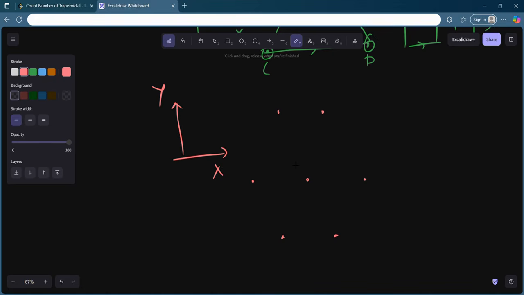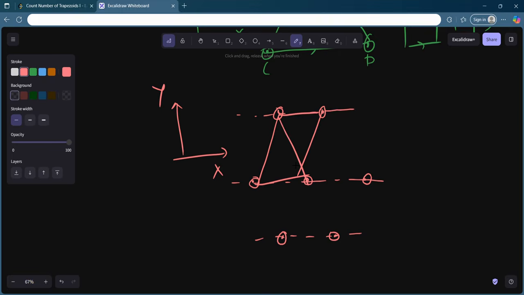This is a possible line where 2 points are there. This is a possible line where 3 points are there. And this is also a possible line where 2 points are there. At least 2 points you need to select, not exactly 2 points. So your trapezoids can be something like this 1, another one something like this 2, another one something like this whole thing 3. So you got 3 trapezoids.